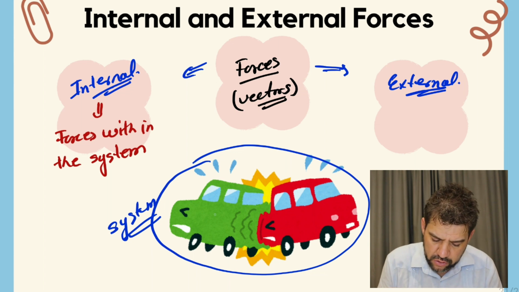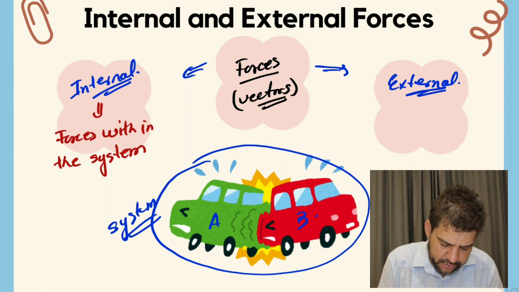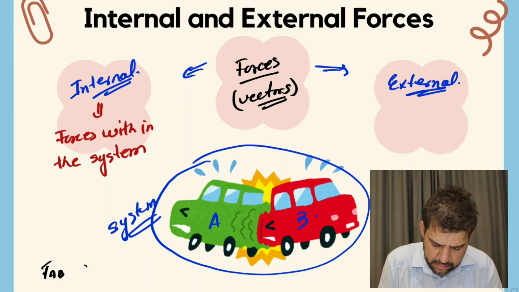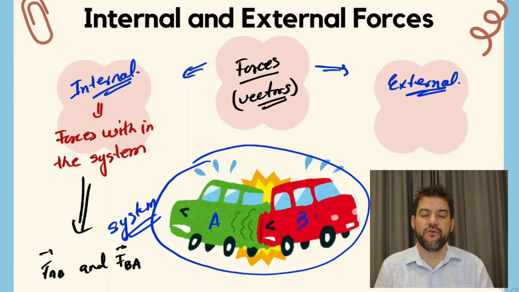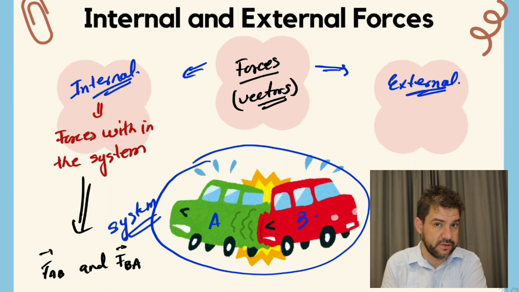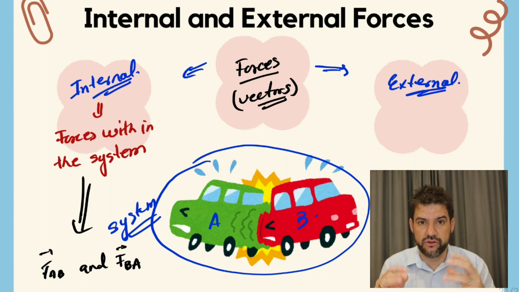So if we call this one A and this one B, the force that A exerts on B and the force that B exerts on A, those are what we call internal forces. They are equal in magnitude and opposite in direction. That's Newton's third law, but it's not important at the moment. You need to know that those are what we call internal forces.